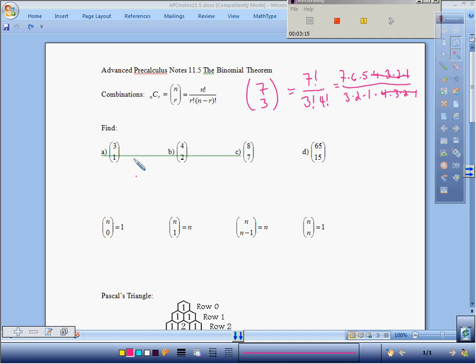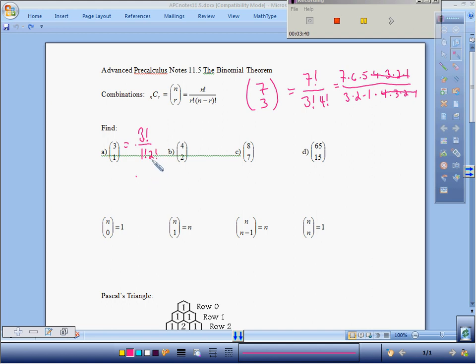Okay. So 3 combination 1 just means 3 factorial over 1 factorial times 2 factorial. Yes?